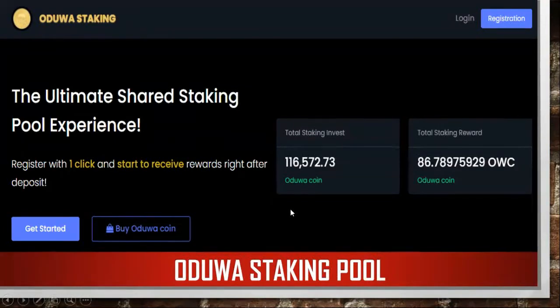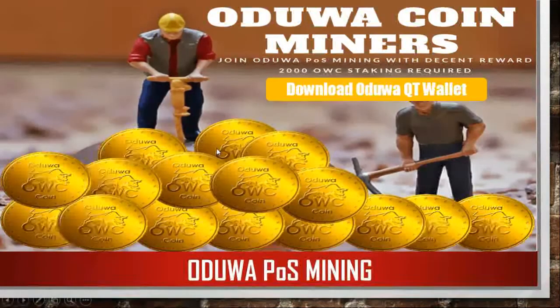So you start earning OduwaCoin by joining the staking pool. And what that does, it gives people who may not have a laptop, or might not always have an internet connection, the ability to participate in the mining, because we are mining OduwaCoin.